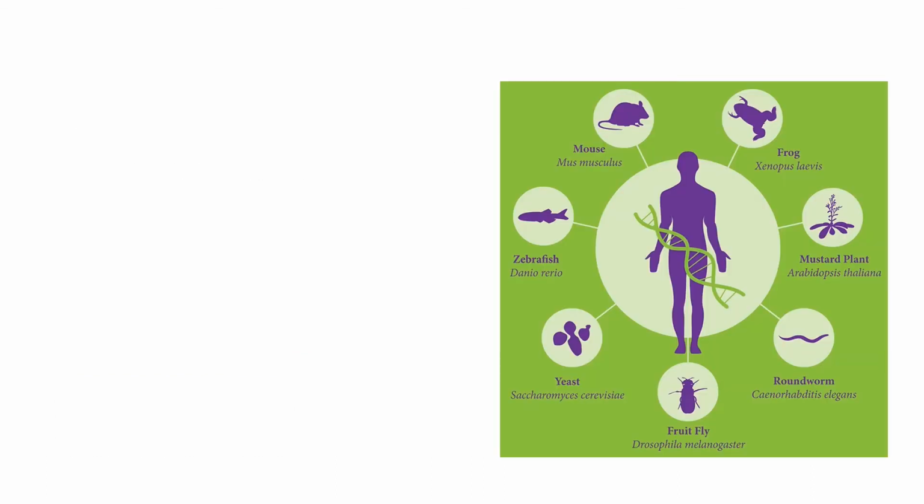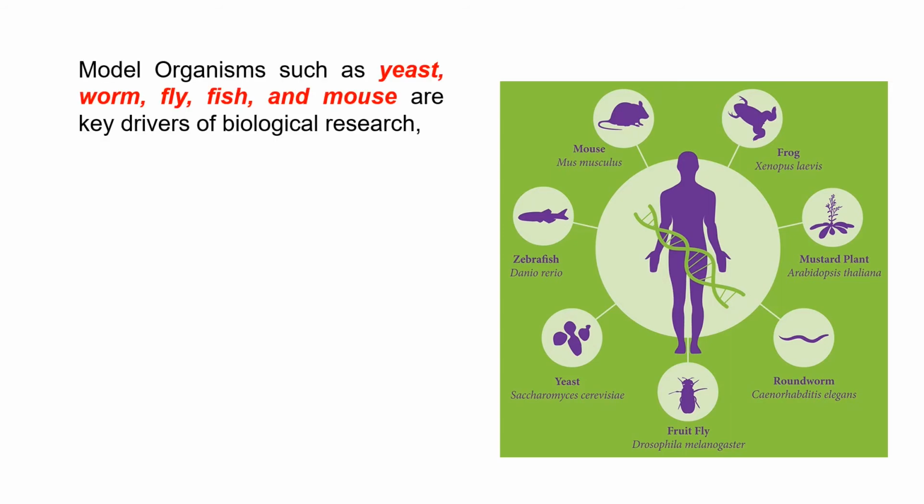And there are many other organisms that are good to study biology, and they are called model organisms. And here, as we talked last time, we have, for example, yeast, worm, fruit fly, fish, mouse, and all of them are good. Here you can see some examples, and as we saw in the last class, they have a normal name, and this is the scientific name underneath.